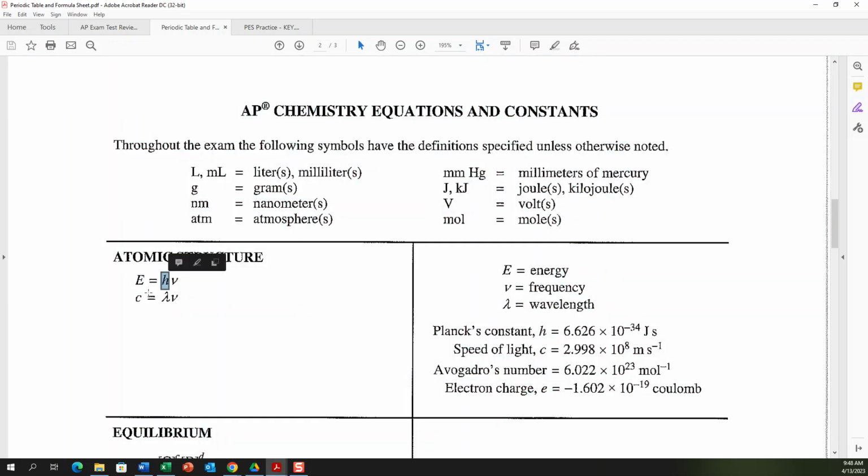So remember, h and c are constants. H is Planck's constant. C is the speed of light, which again is given to you here, meters per second. Okay. Remember, if you had nanometers, change this exponent to 17.